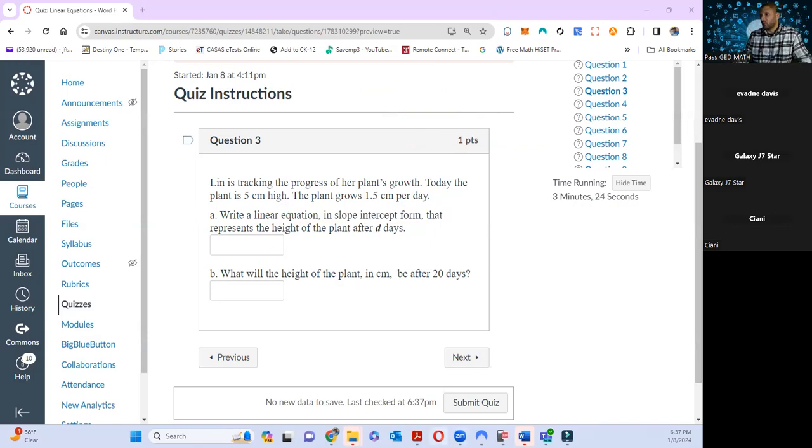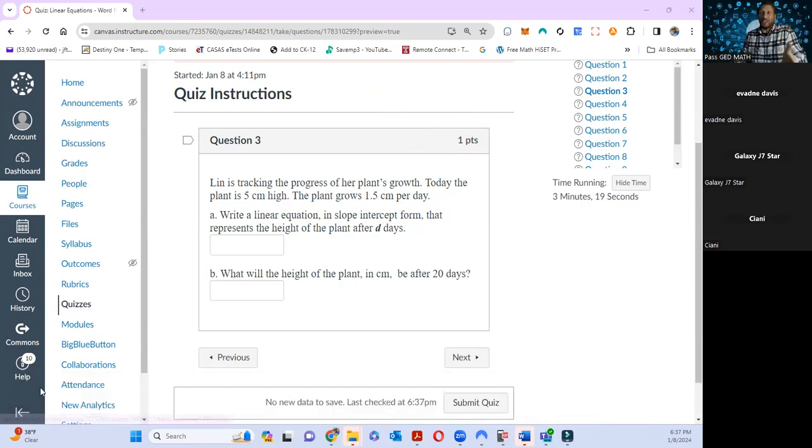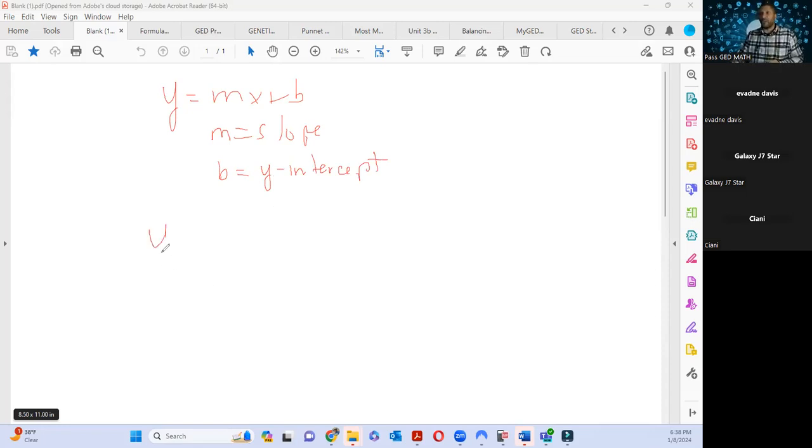This is why, step by step, we have to understand each step of the way. You can't just remember math. You have to know it. So we said y equals mx plus b. We said m is our slope. We said b is our y-intercept. If I have an equation, y equals 2x plus 3, what's my slope?